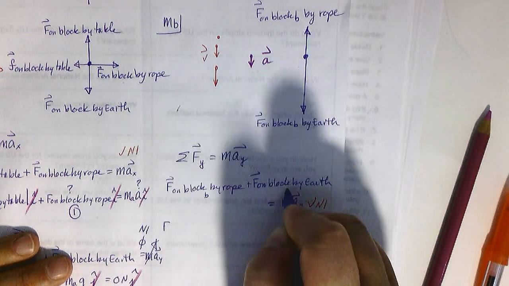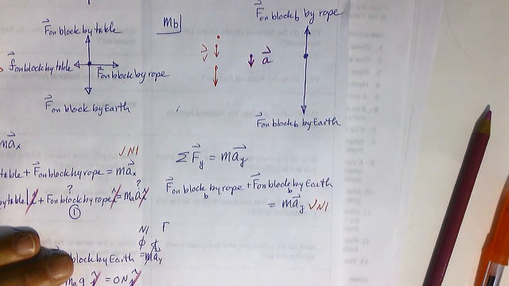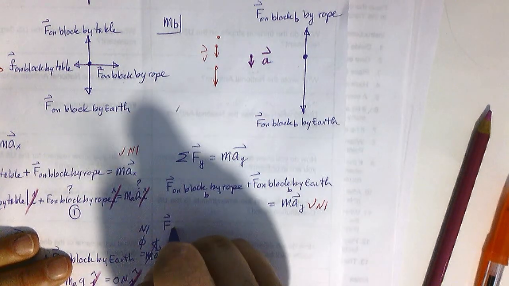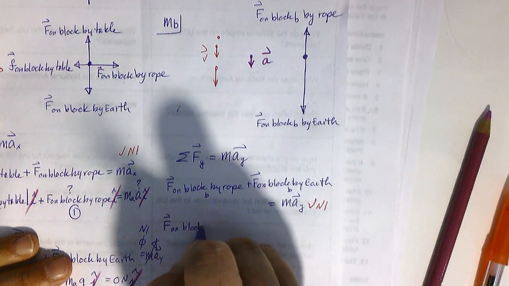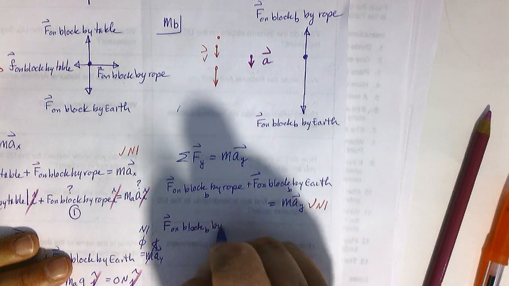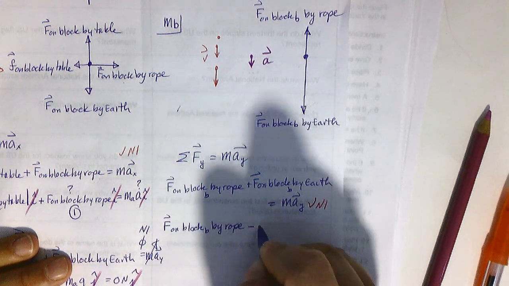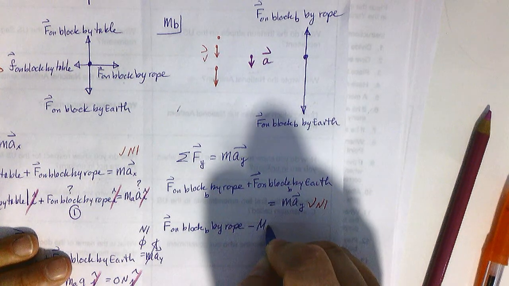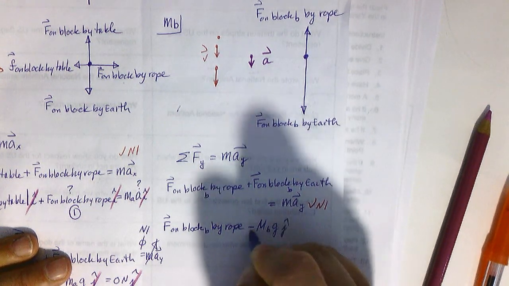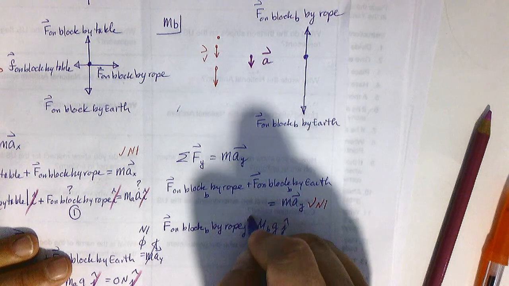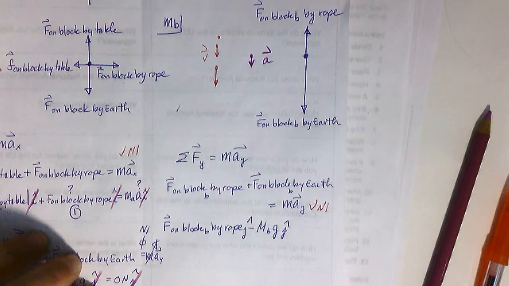Okay, substituting in magnitude and direction. And I'm sorry, this is block B. So I have force on block B by rope minus m sub B g j hat. Oh, sorry, I got to get rid of that vector sign.